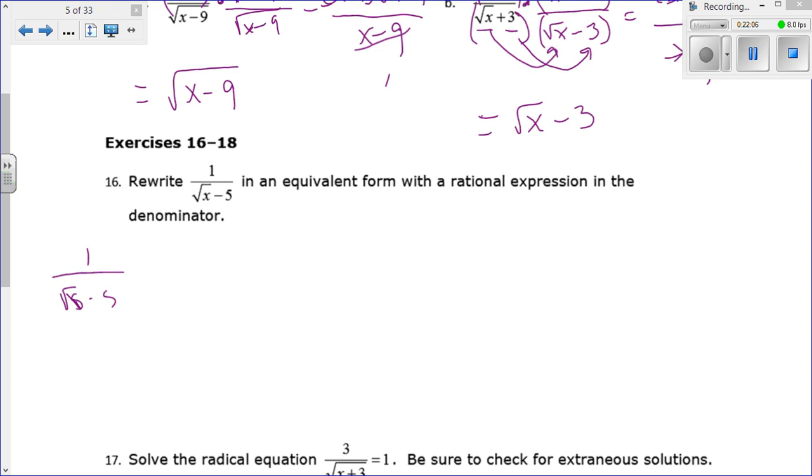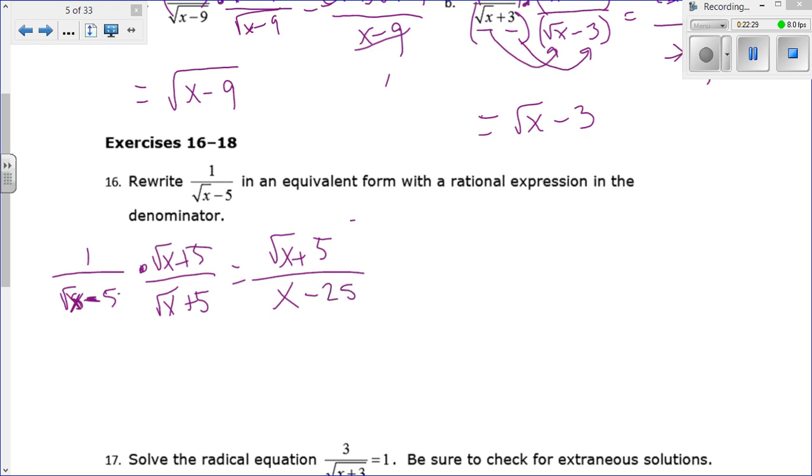Oh, that's an x, not a 5. So I need to multiply this by radical x plus 5, because that's its conjugate. So I have radical x plus 5 over x minus 25. All done.